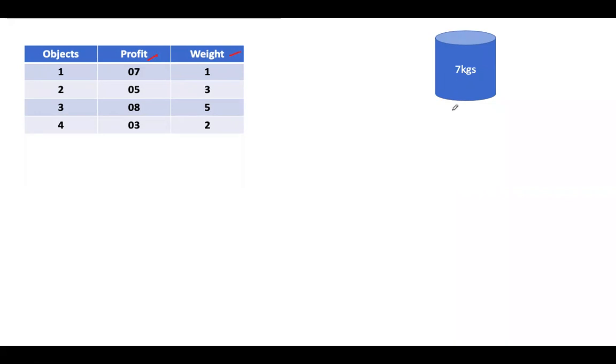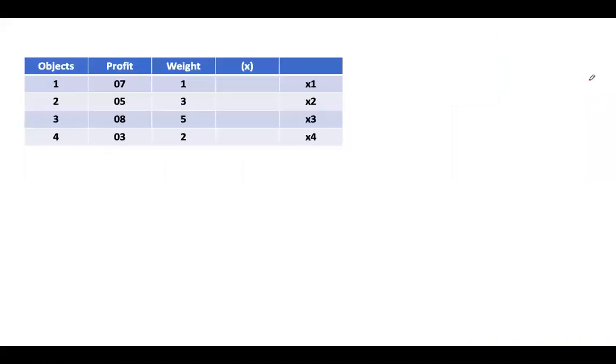Okay, let's see step by step how we can proceed to solve this problem. n is nothing but the number of objects. M is nothing but the capacity, the maximum capacity of the container. That is 7. Next thing is I will take the x value.